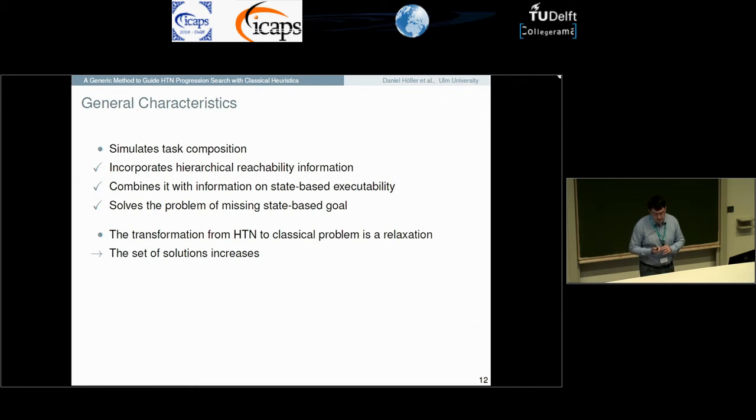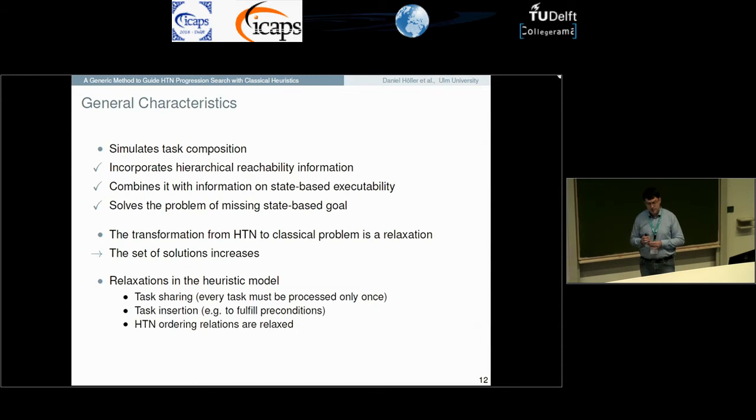Now, the transformation is actually a relaxation, so the set of solutions increases, and it does so by doing the following relaxations. Every task has to be processed only once. We have seen that. The planner, or the system that uses that model, might insert tasks apart from the hierarchy, for example, to fulfill preconditions of other tasks, and the HTN ordering relations are completely ignored during heuristic calculation.